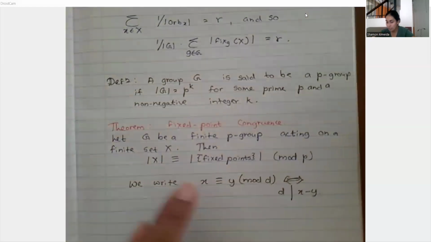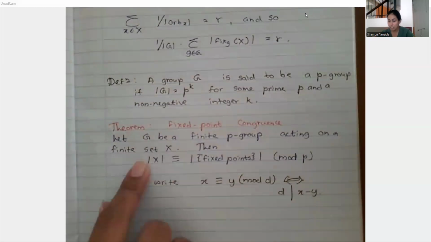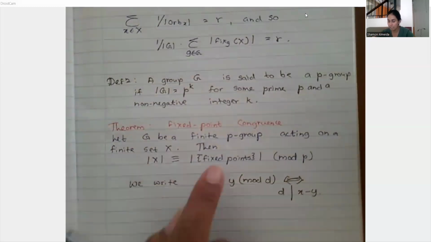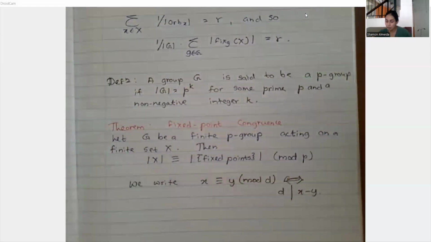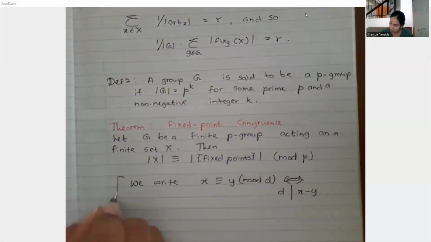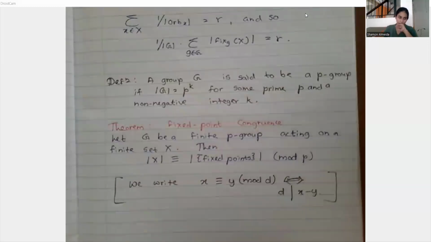So over here we have the number of elements in X congruent to the number of fixed points modulo P. In other words, the number of elements in X minus the number of fixed points must be divisible by P. Right? This is what we have to show.